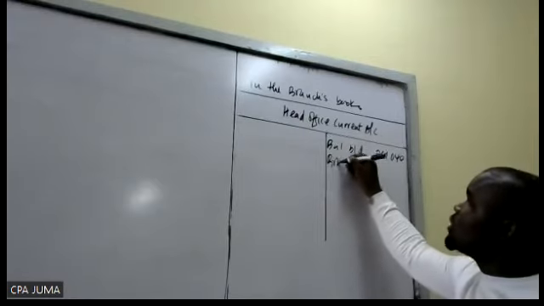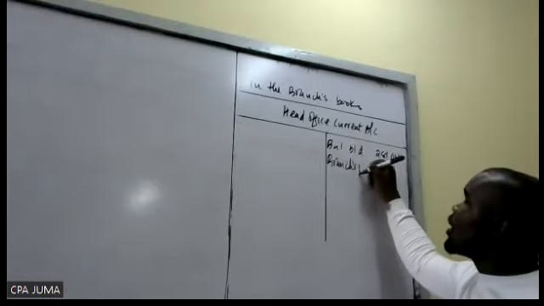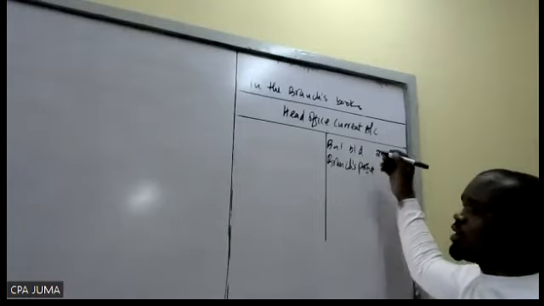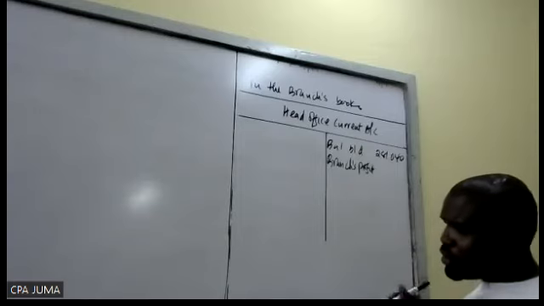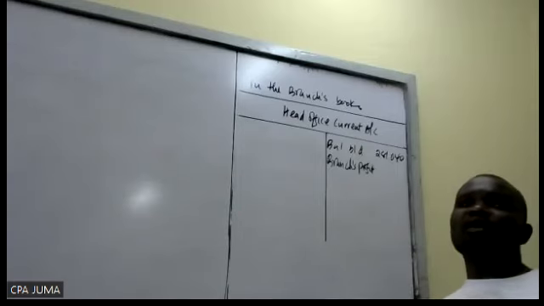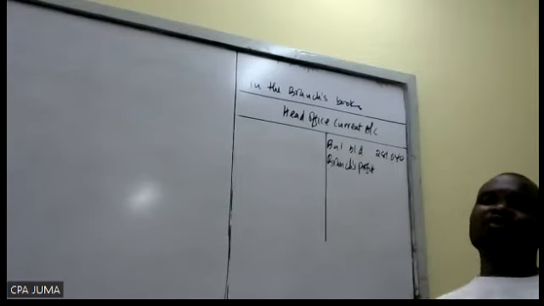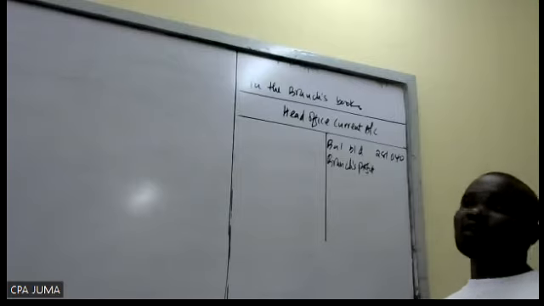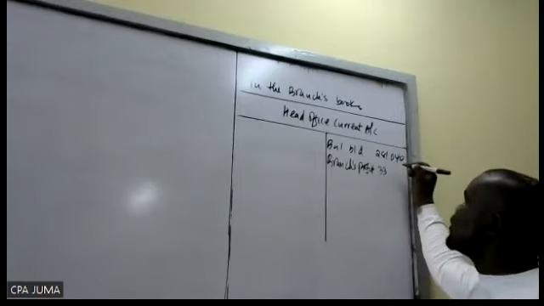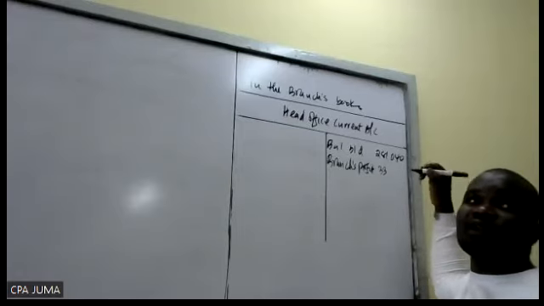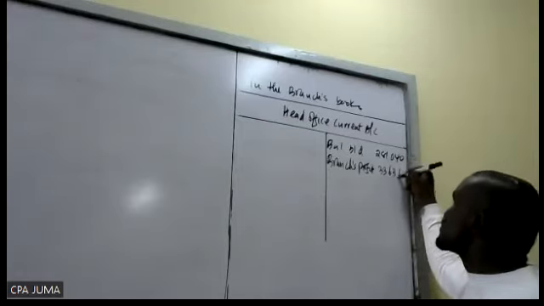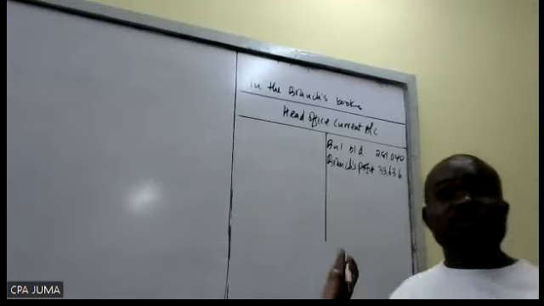So branch profit, they have made a profit of how much? The 33,636 that we transferred. Cash in transit, do not remove it.